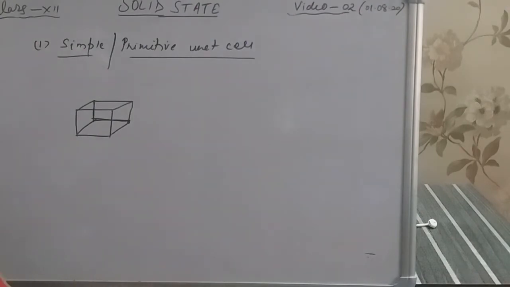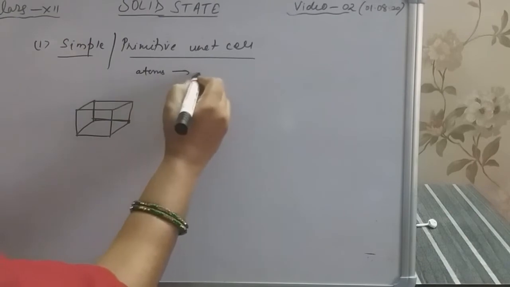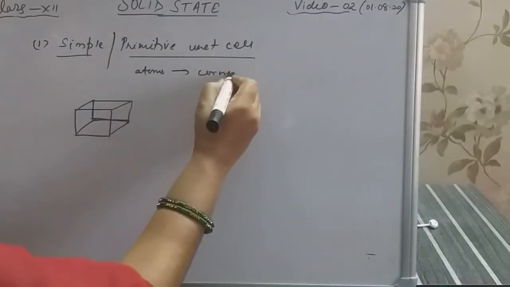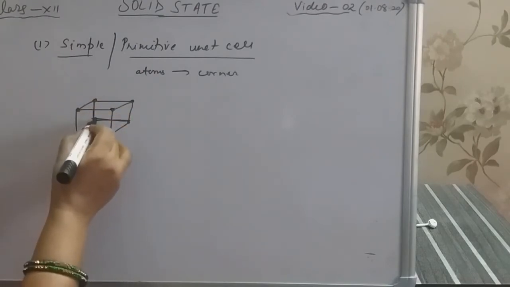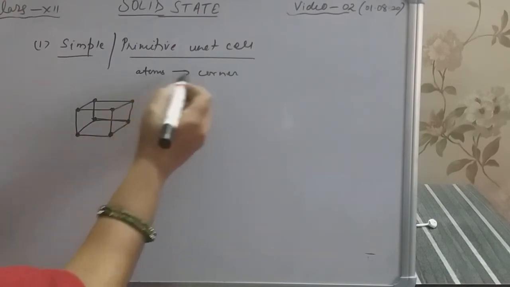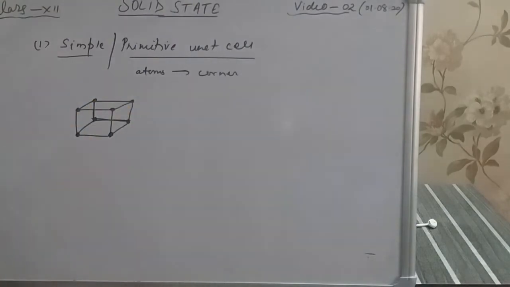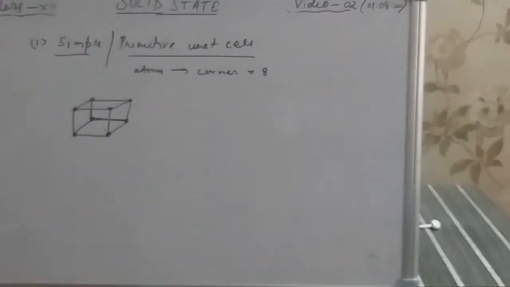In simple or primitive unit cell, atoms are present at the corner. So how many corners? 1, 2, 3, 4, 5, 6, 7 and 8. So atoms are present at the 8 corners.